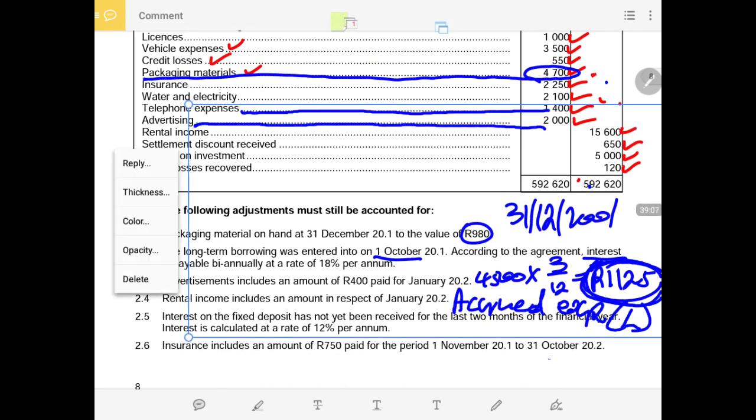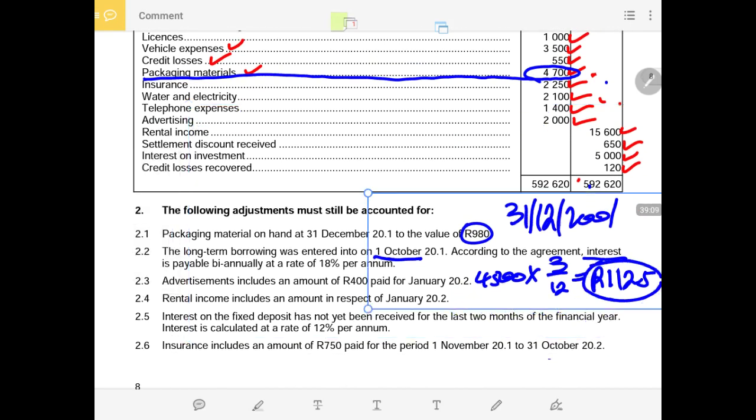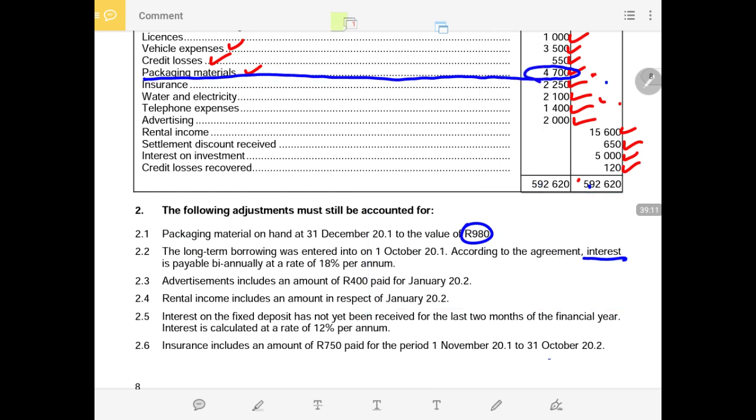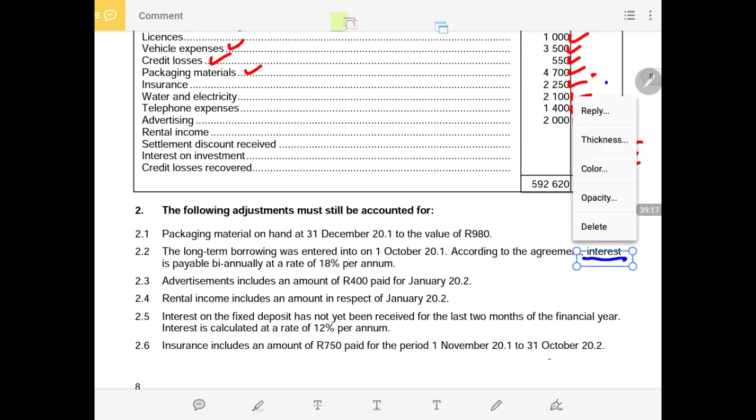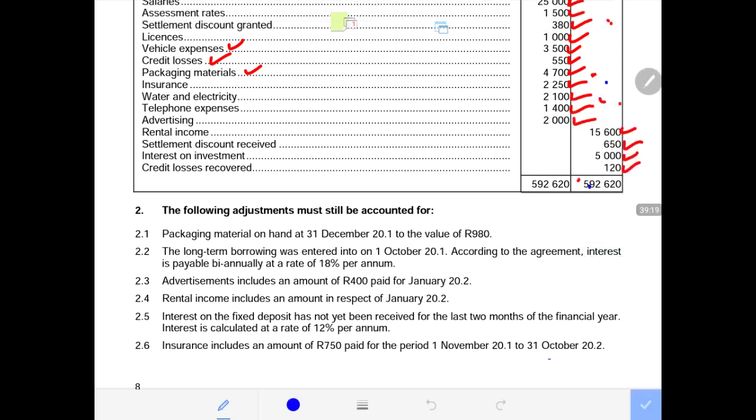Adjustment 2.3 tells us that we have an amount of advertising, where it says to us, take note, advertisements include an amount of 400 paid forward for January.